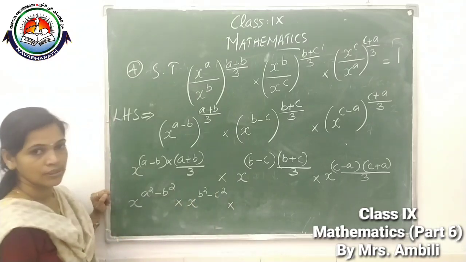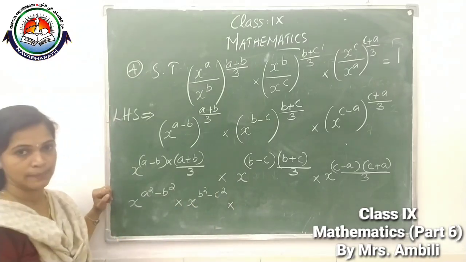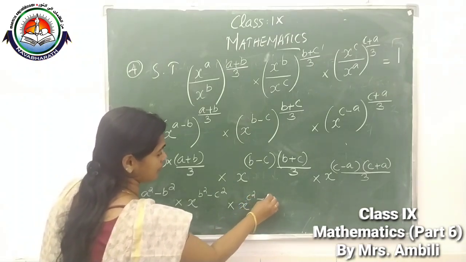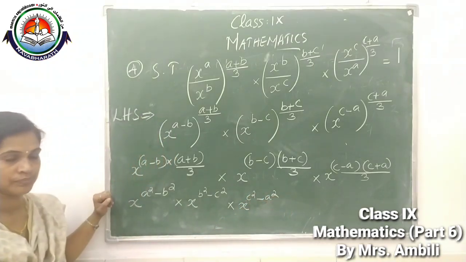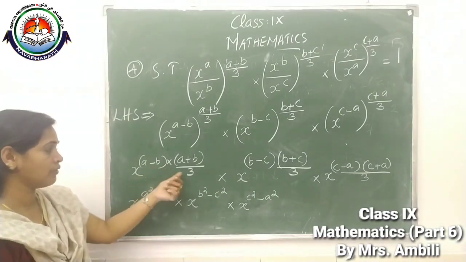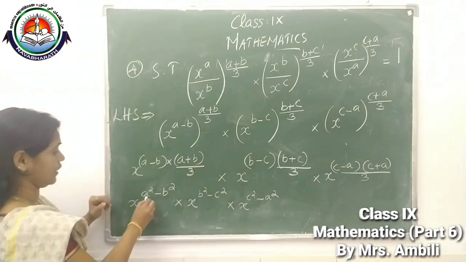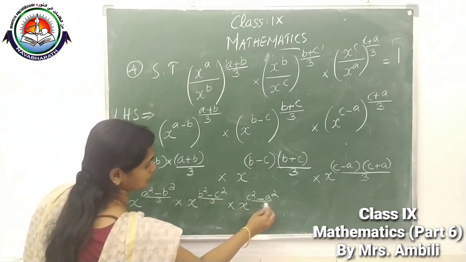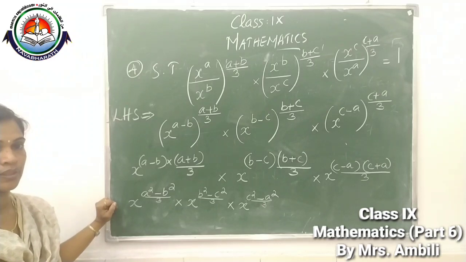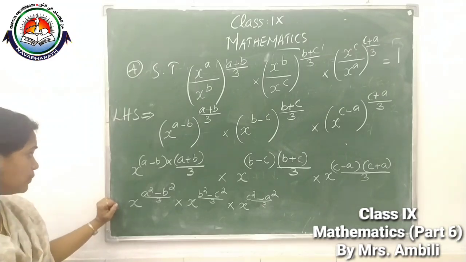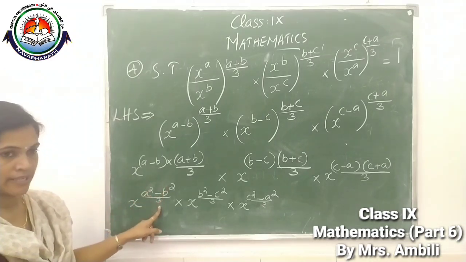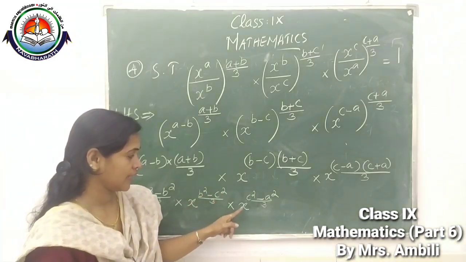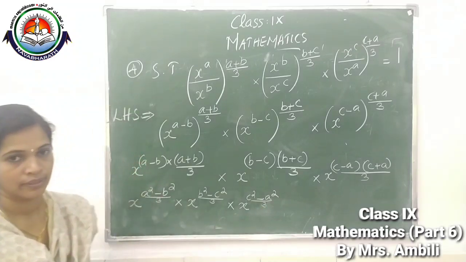Next, (c-a)(c+a) is c square minus a square. Then look, the 1 by 3 is the divisor that we need to add here. That is x^((a²-b²)/3) × x^((b²-c²)/3) × x^((c²-a²)/3).